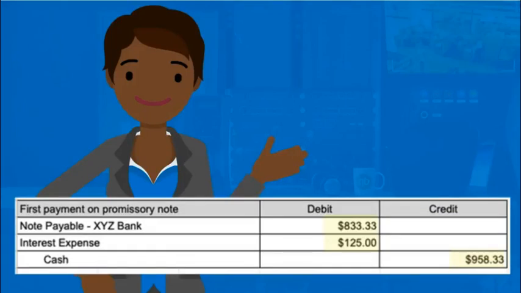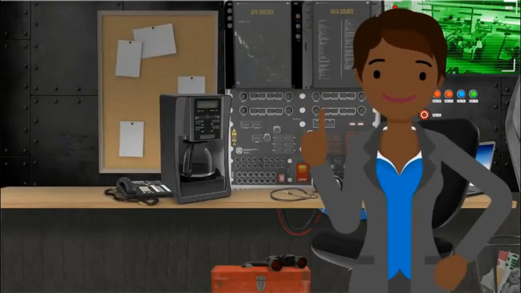We track that interest by debiting that payment separately. From your client's end, they pay the full amount in one payment. So since our cash account is going down, we would credit it the full amount. And there you go. From here, as more payments are made, you just create journal entries like this until the note has been paid in full.